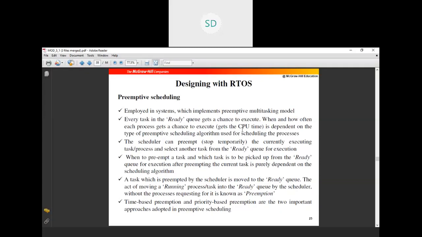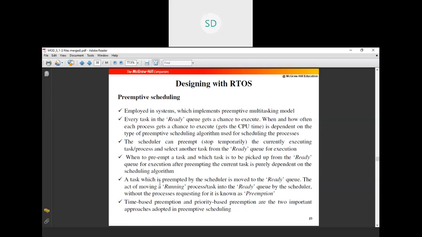When and how often each process gets a chance to execute depends on the type of scheduling algorithm we are going to use. So the scheduler can preempt the currently executing task and select any other task from the ready queue. When to preempt a task and which task is to be picked from the ready queue for execution after preempting is purely dependent on the scheduling algorithm.